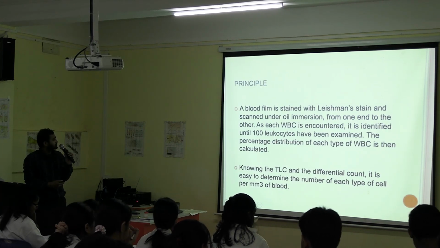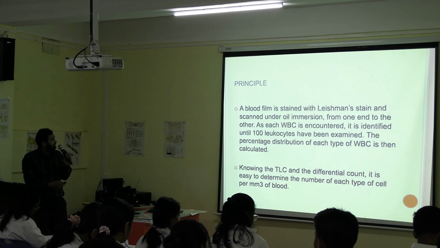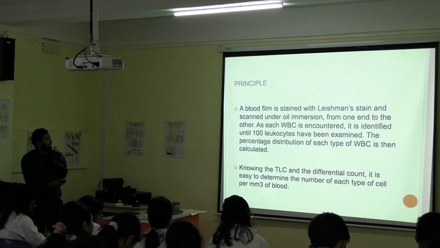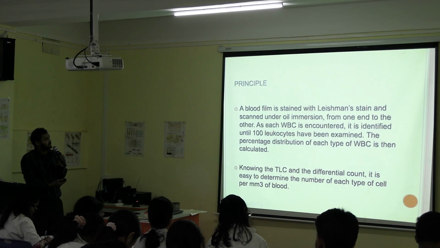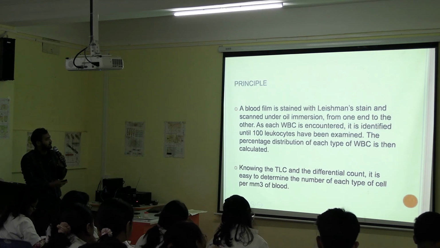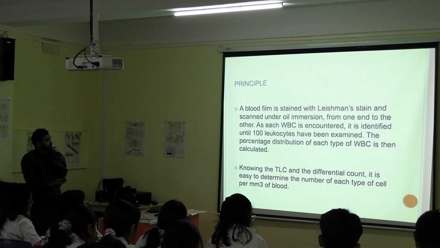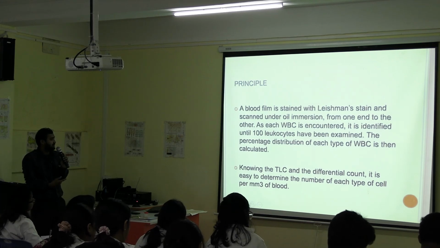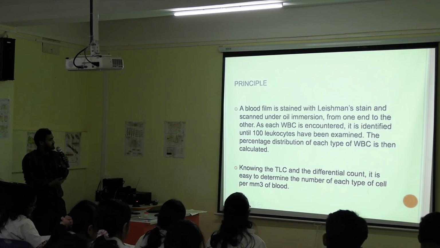Okay, so what is the principle? A blood film is stained with Leishman stain and is scanned under oil emulsion from one end to the other. As each WBC is encountered, it is identified until 100 leukocytes have been examined. The percentage of distribution of each type of WBC is then calculated.